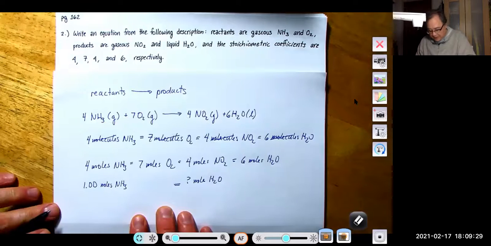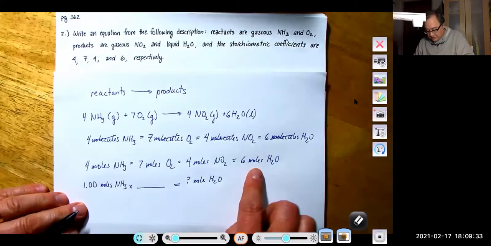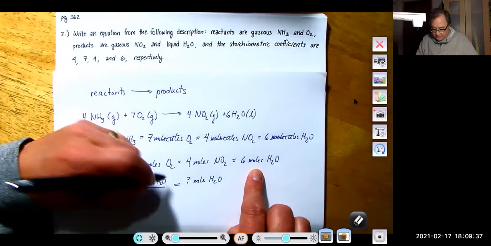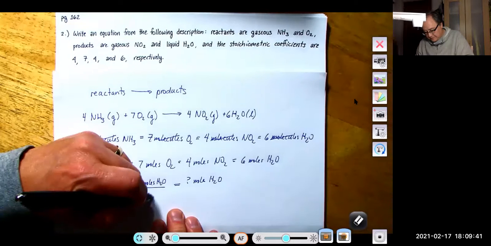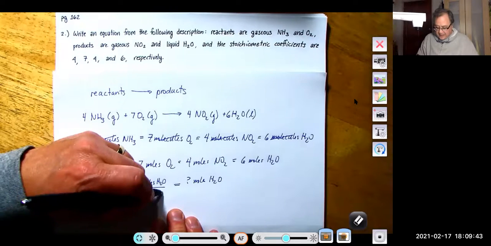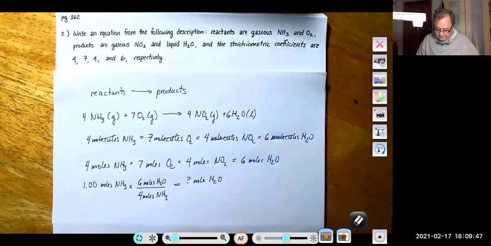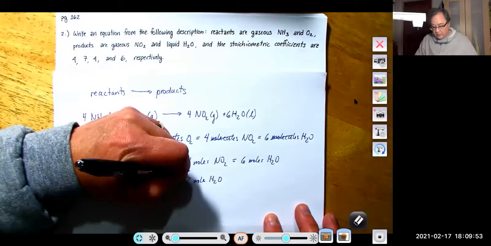We would multiply by 6 moles of H2O for every 4 moles of NH3. And our answer would end up being, let's see, 1.50.